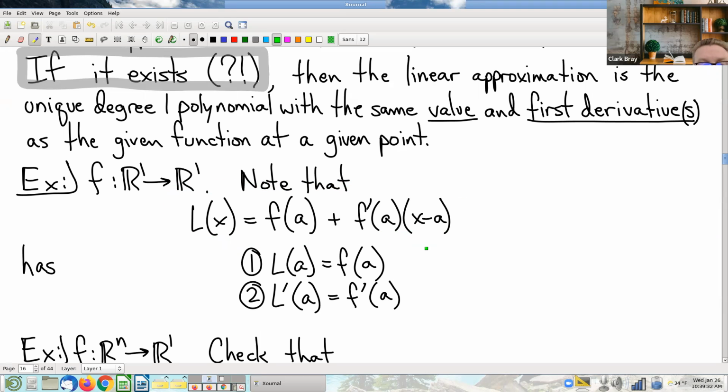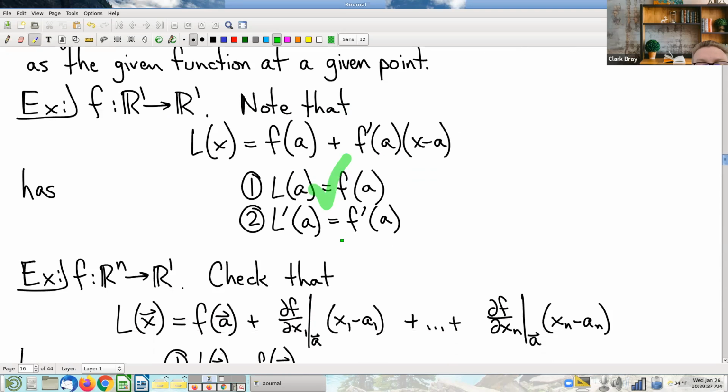Well, I would observe that it has the exact same value as f and the exact same derivative as f. These are very quick little calculations to confirm. So L of a, if I plug in a for x, I've got a minus a there, this whole term goes away, and sure enough, L of a is f of a.